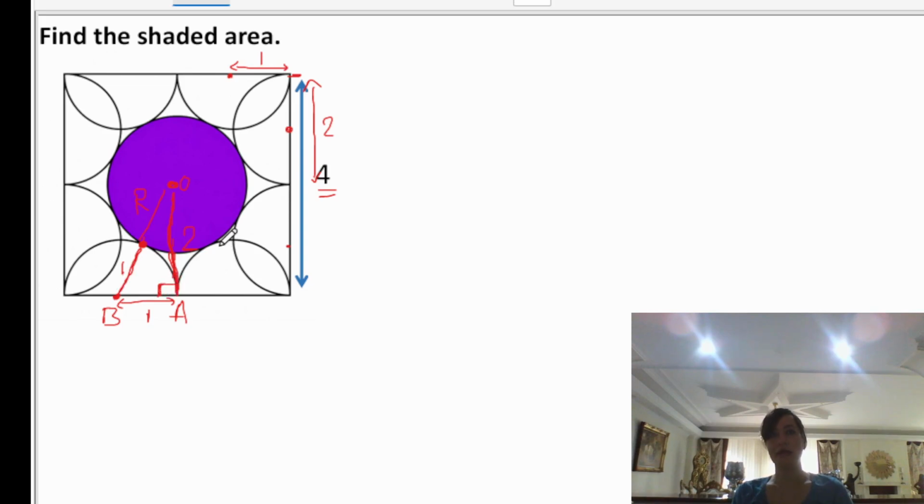So if I create a right angle triangle, I can use the Pythagorean theorem. The Pythagorean theorem says the hypotenuse to the power of 2 equals the perpendicular line to the power of 2 plus base to the power of 2.